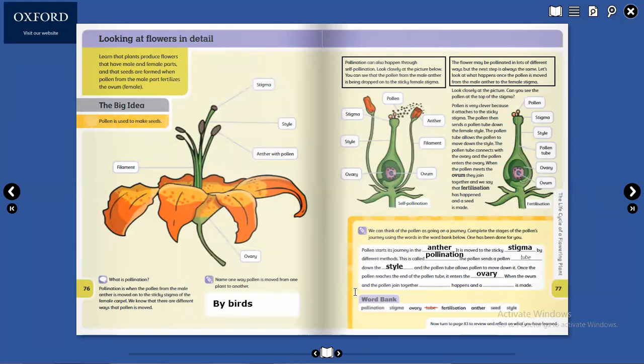When the ovum and the pollen join together, this is called fertilization. Then a seed is made. It is all written here. Everything we read is needed here.